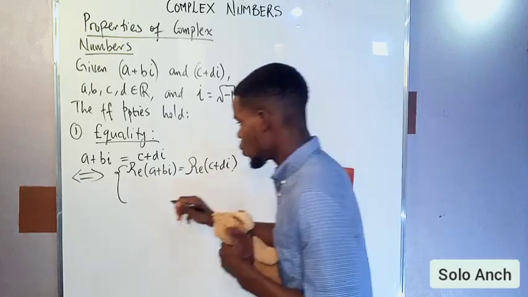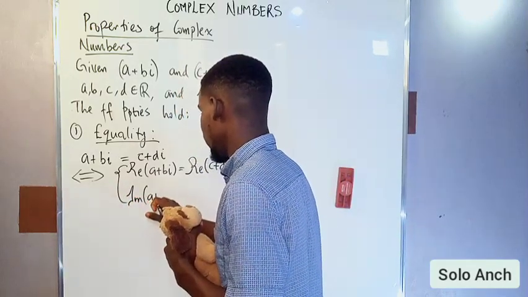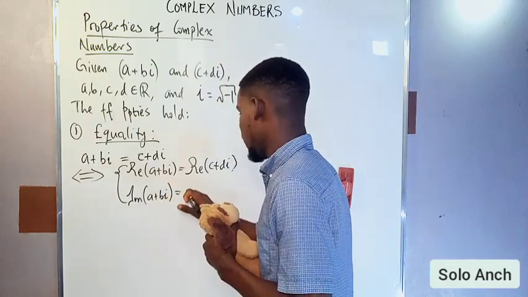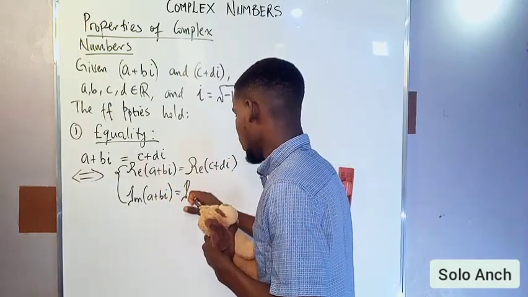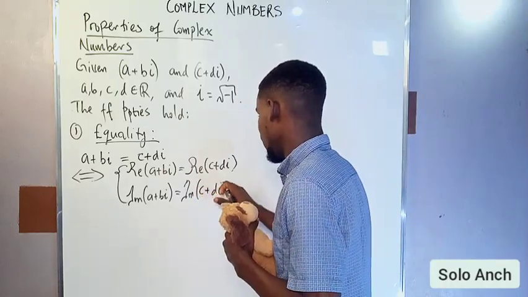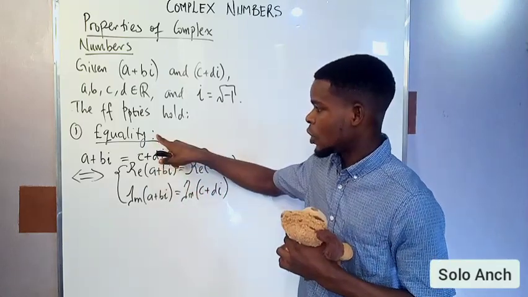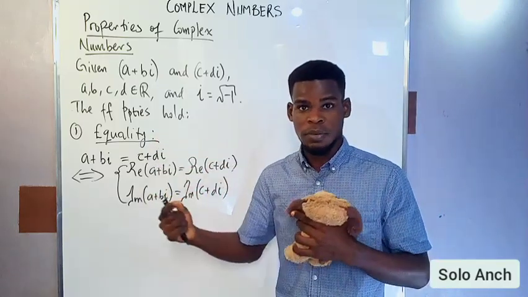And also, the imaginary part of the first complex number, A plus BI, is the same as the imaginary part of the second complex number, C plus DI. When these two conditions hold, then the equality of the two complex numbers holds.